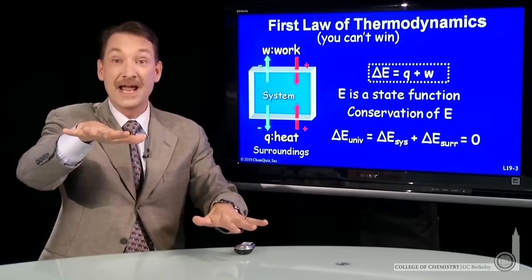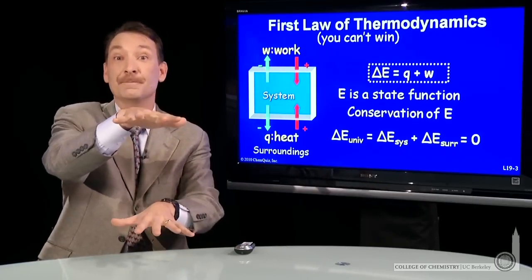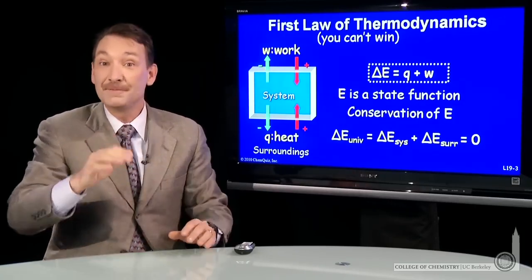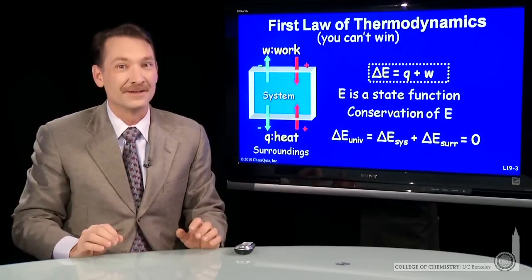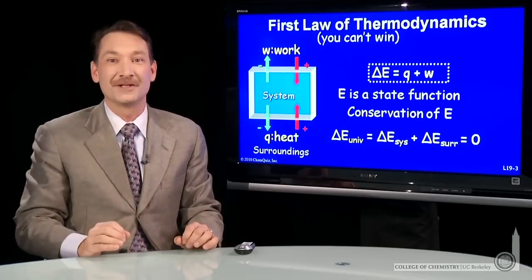If I start here and I end here, the energy change, that difference, is always the same. But the work I do to get from here to here might be different. So work and heat are not state functions. They depend on the path you take, but the energy change is a state function.